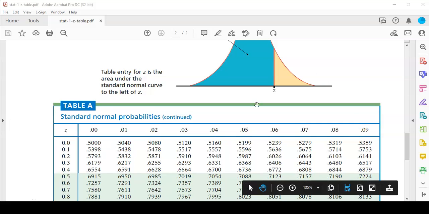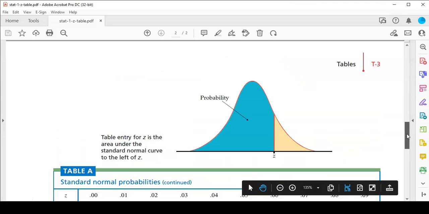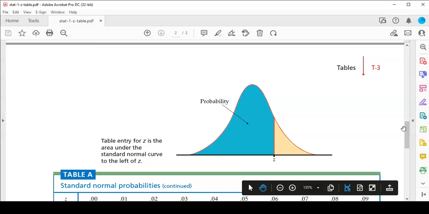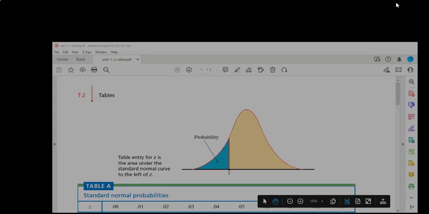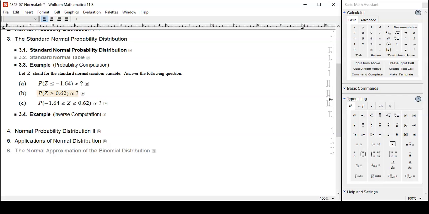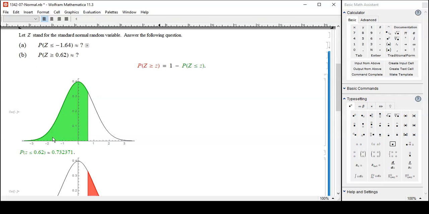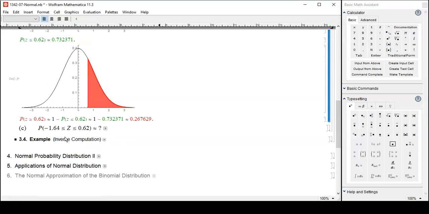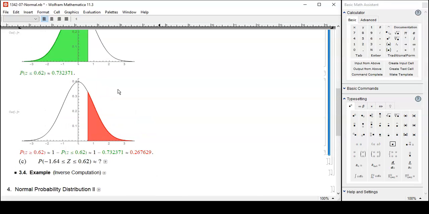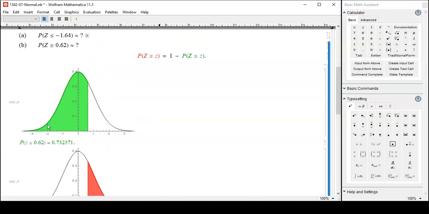Well, 0.7324, but that's the left-hand side shading. What we wanted there was actually the right-hand side shading. You see? This is not what we want. This is what we want. We draw this picture, right? Greater than 0.62, so right-hand side shading. But the standard normal table gave me this. So how do we work it out? Use geometry.